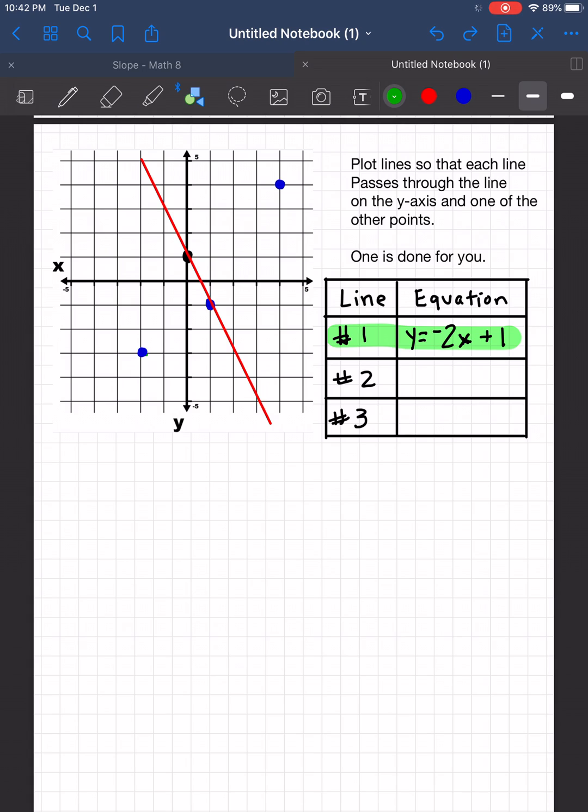Now I'm going to go from the blue point on the bottom left up to the black point, the y-intercept. To get there, I have to go up 4 and right 2. So my change in y is 4.